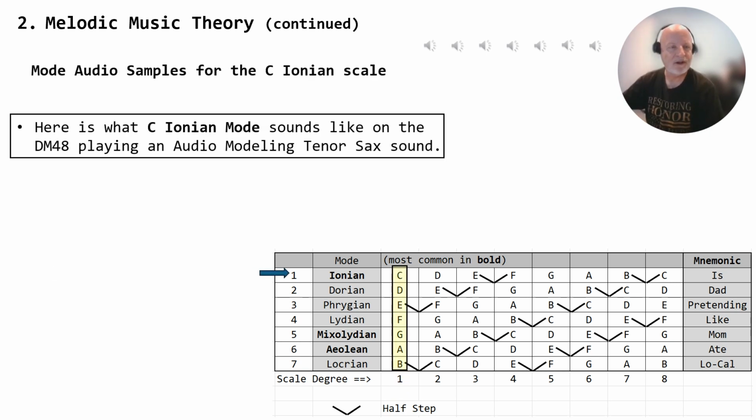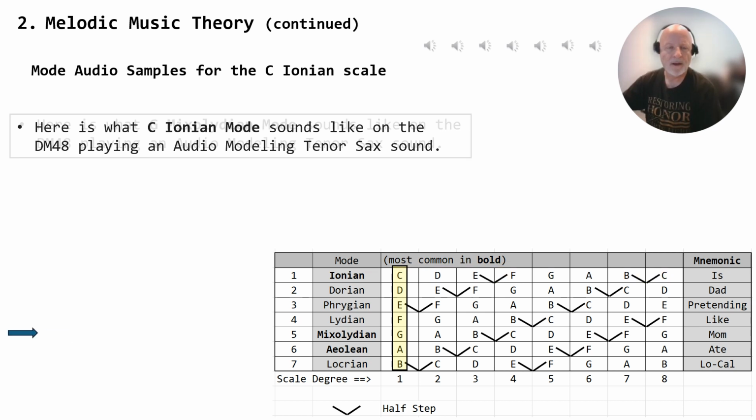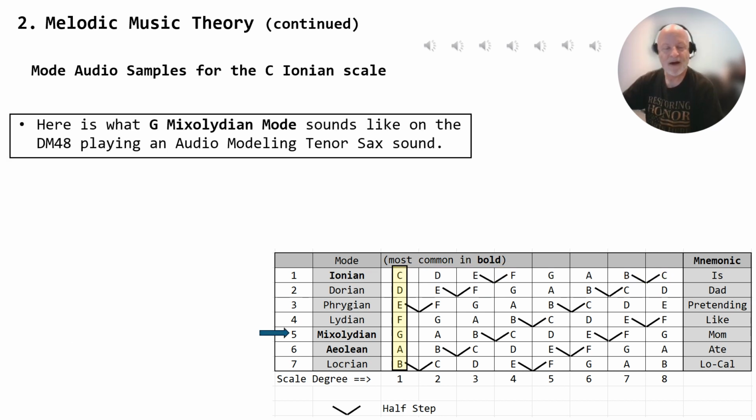And so here's what the C Ionian mode sounds like on the DM48, playing the Audio Modeling Company's tenor sax sound. Okay, now we're going to jump up to mode 5, and there's a reason why we're not going to mode 2.